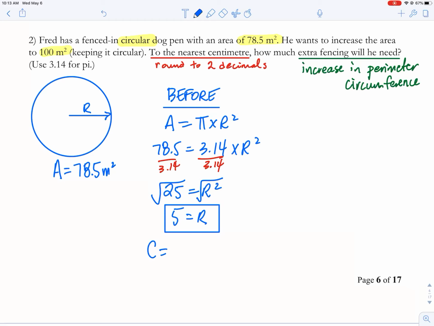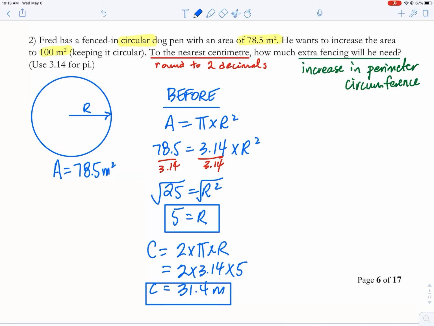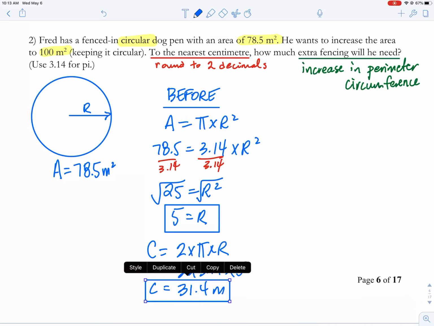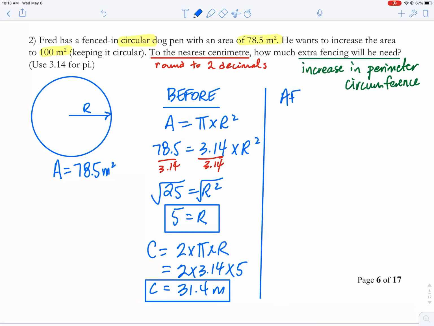And a reminder that circumference is equal to 2 times pi times r, 2 pi r. So that's 2 times 3.14 times 5. So that's 10 times 3.14. So that's 31.4 meters. So before we make it bigger, we have a circumference of 31.4. And then we're going to go through this again, but we're going to do it after, once it's bigger.